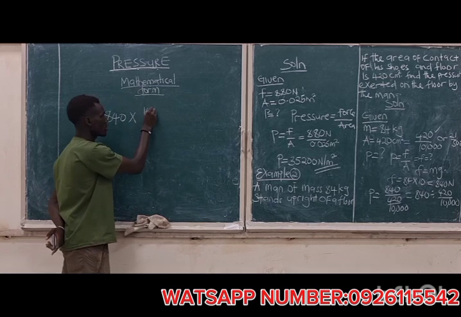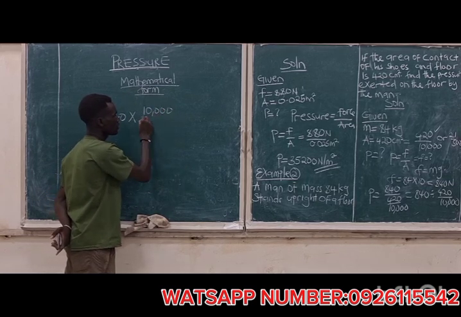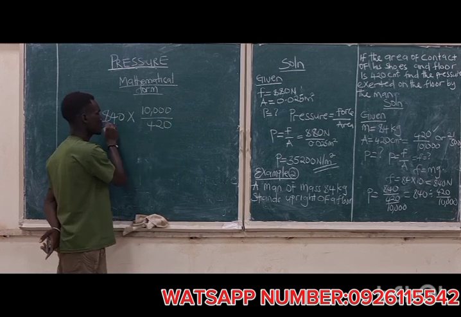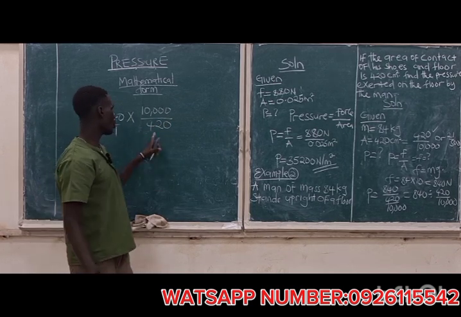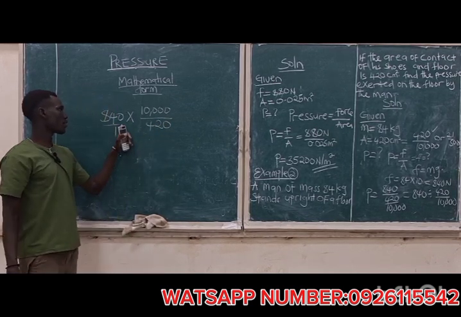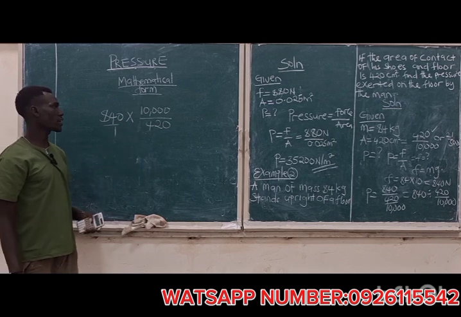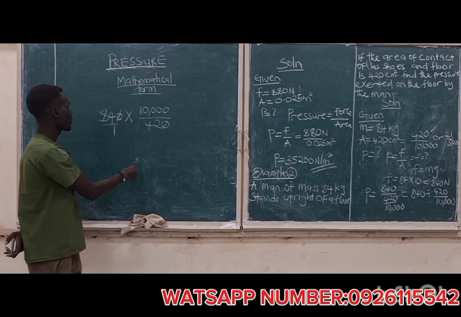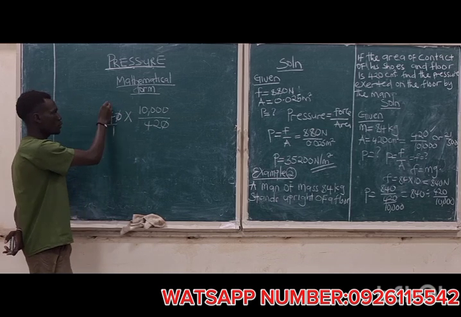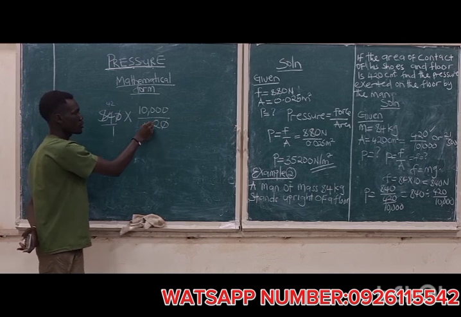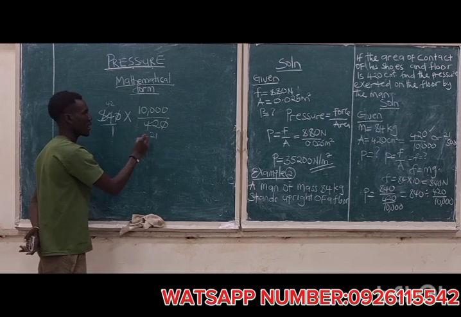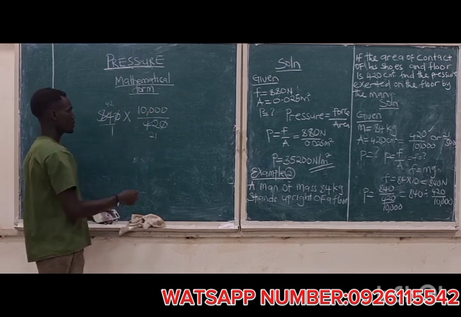That is 10,000 all over 420. This one, 840, is always all over 1. Now we see that this and this can divide. This one by 2 will get 42. Here by 2 will get 210, which gives 21. Now we multiply this times this.